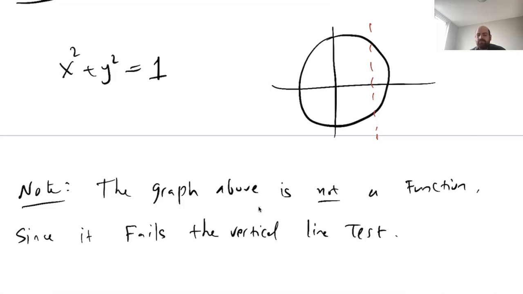So remember, in this course, one of our main goals is to find the equation of the tangent line. As long as you have a curve, you can define a tangent line, right? So it's not a function, but we can still define tangent lines, or we can try to find the equation of tangent lines at certain points of the circle.